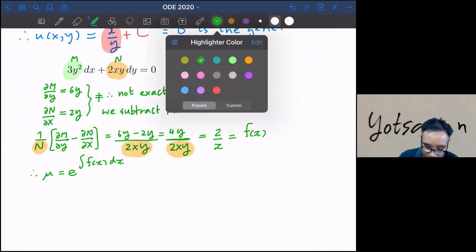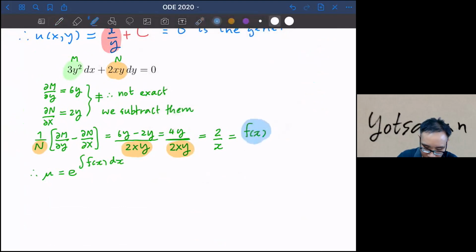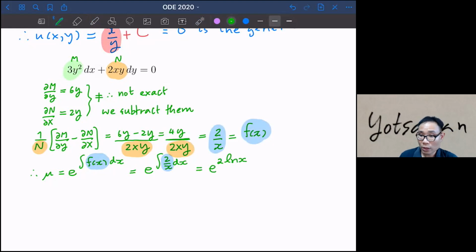Let's use blue. So this one is f(x), and f(x) is 2 over x. So it's going to be e to the integral of 2 over x dx. And you integrate 2 over x dx, so it's going to be e to the 2 log x.